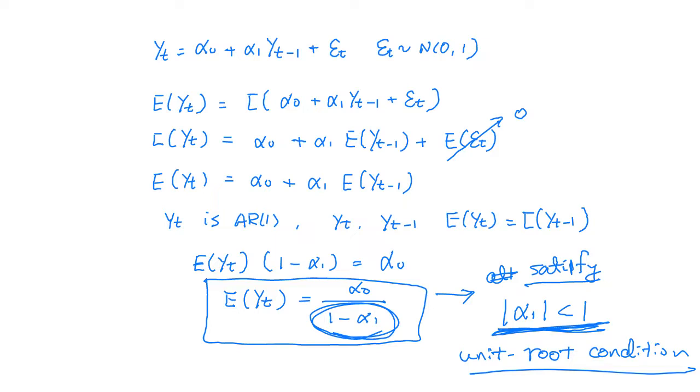Okay, and now we need to find out the second moment of this process as well. So let's take a look at the second moment. Once again, it's the same thing. We need to start from the original representation.